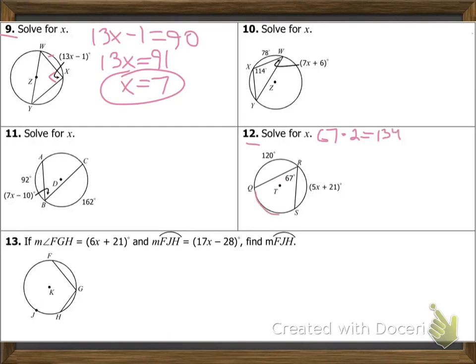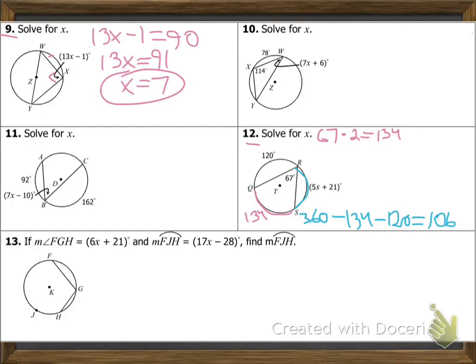So this arc over here is going to be 134. So now I can use that to find the measure of this arc, and then I can set that equal to the 5x plus 21. So if I do 360 minus 134 minus 120, because we have this guy up here, the 120, that is going to get me 106. So 106 is going to be the measure of that blue arc.